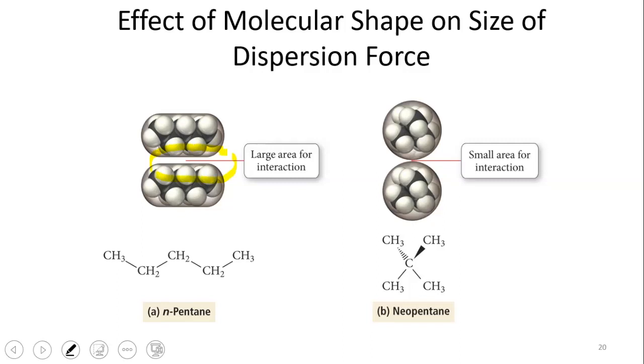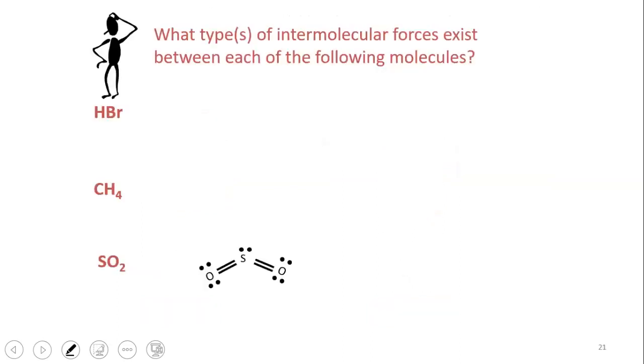Okay, so let's take a little time to practice here. I'm going to give you 3 different compounds, and I want you to think what types of intermolecular forces exist between each of the following molecules. Remember, we have so far 2 candidates, London dispersion forces and dipole-dipole forces.